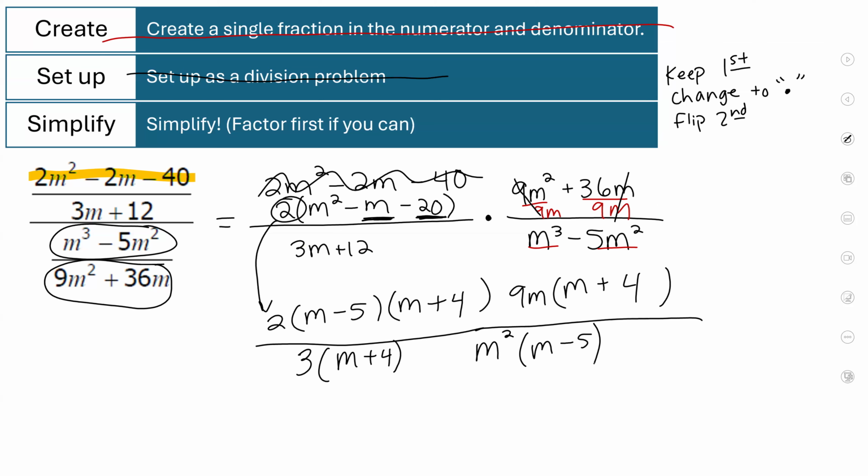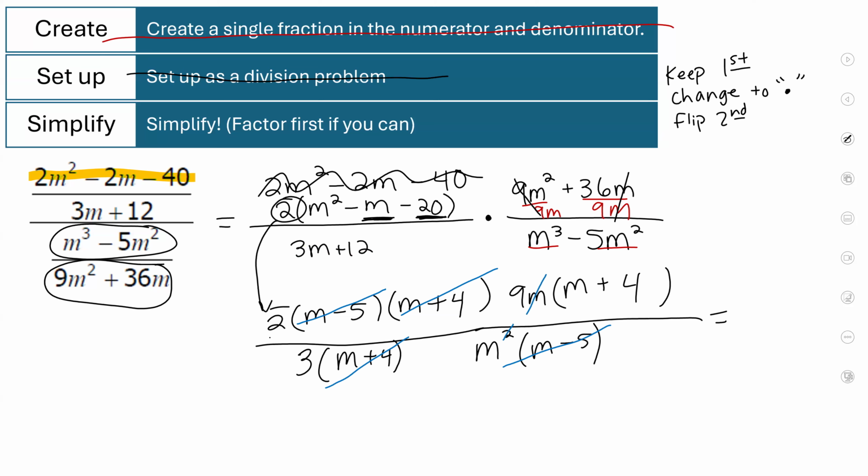Now I can go through and simplify. So m plus 4 cancels with m plus 4. m minus 5 cancels with m minus 5. One of these m's cancels out with one of those m's. So let's see what we're left with.